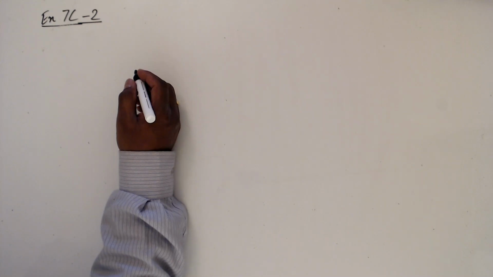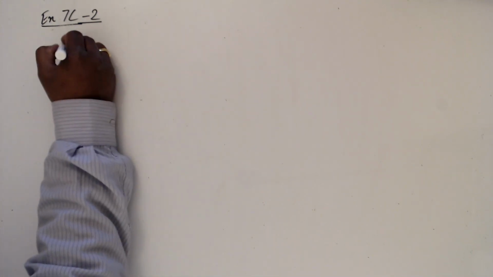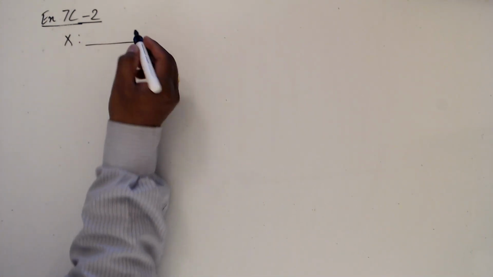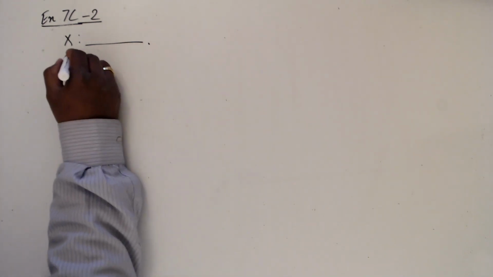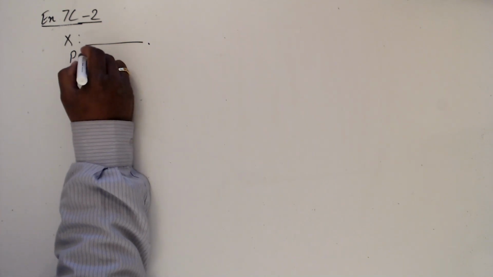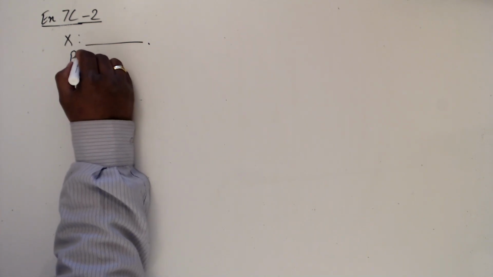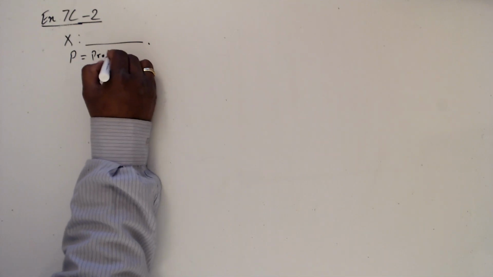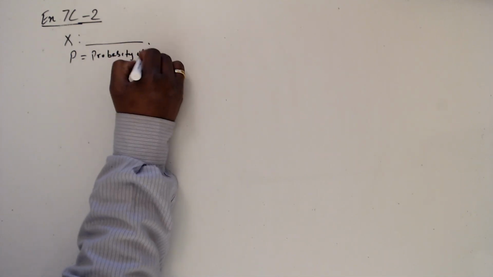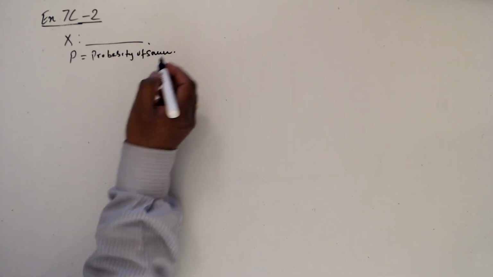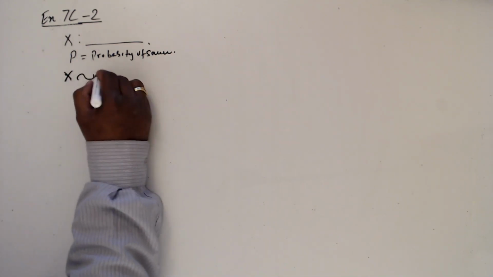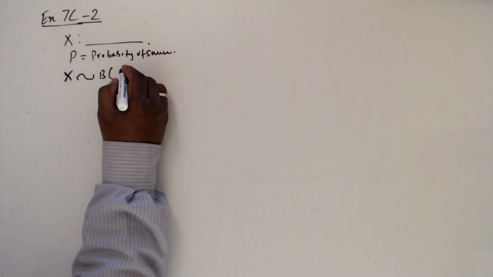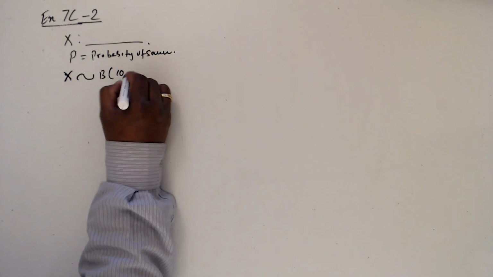Question number 2 is the same type of question. We will leave the definition of the variable. P is the probability of success, and this variable X follows a binomial distribution with 10 trials, binomial 10, p.